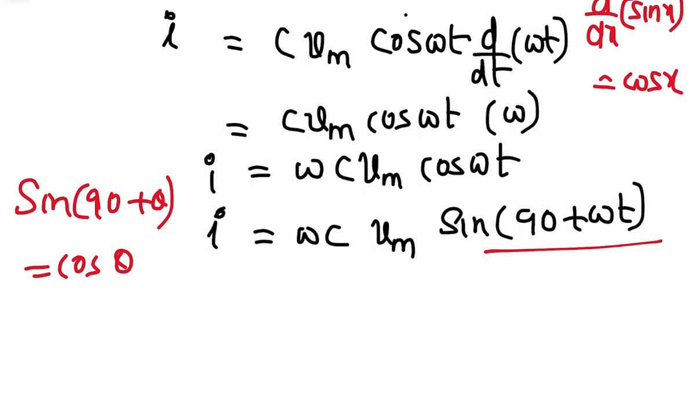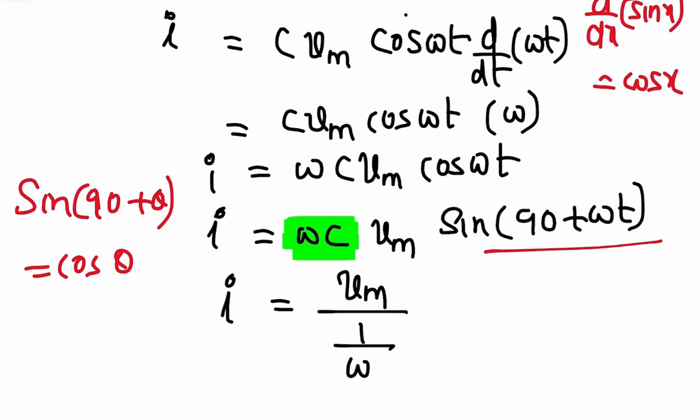Now I will take it down so that we will have a form like Ohm's law. I is equal to Vm divided by 1 by omega C. Once it comes up again, it becomes omega C Vm. Nothing is wrong in writing like that. And we will write it as omega t plus 90.